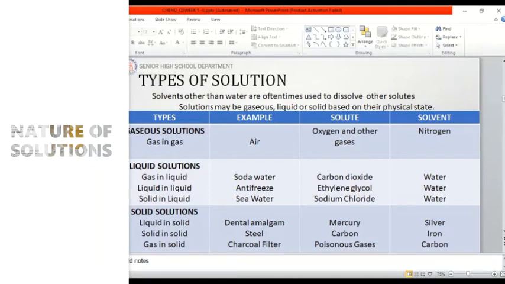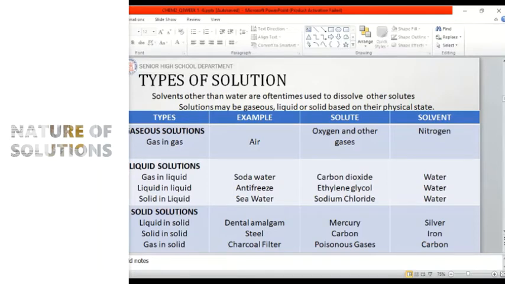For liquid solutions, we can dissolve gas in liquid, liquid in liquid, or solid in liquid. Examples are soda water, antifreeze, and seawater.